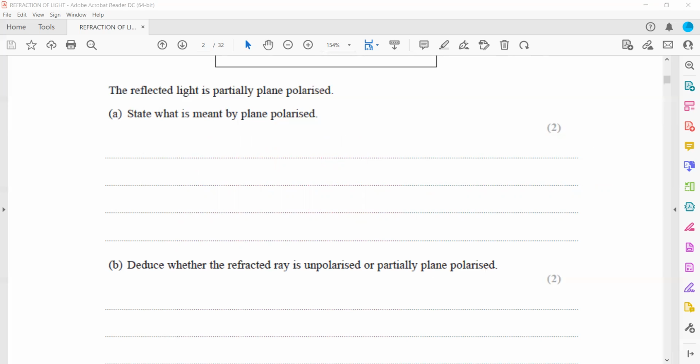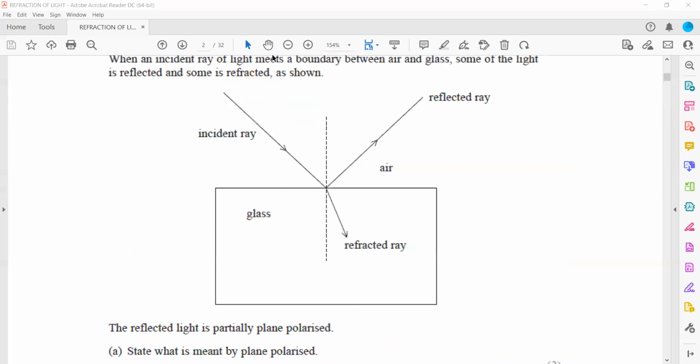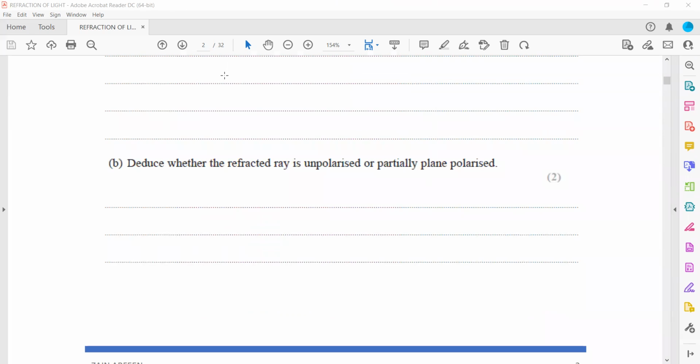Normally, if partial reflection and refraction occur and the reflected ray is polarized, the refracted ray is also polarized. The refracted ray does not have too many planes of vibration, it cannot vibrate in many planes. That is why it must be partially polarized. There is not much space available for the refracted ray to vibrate. So the refracted ray is also partially polarized.